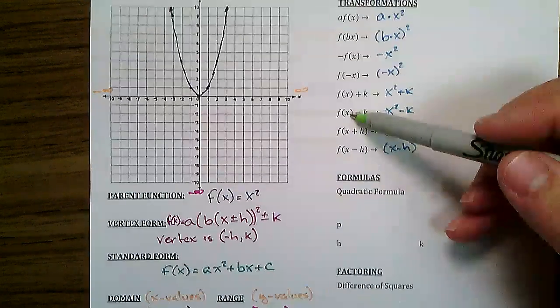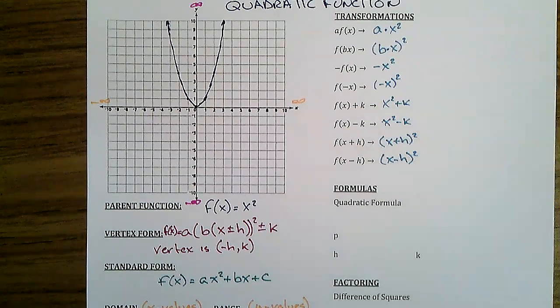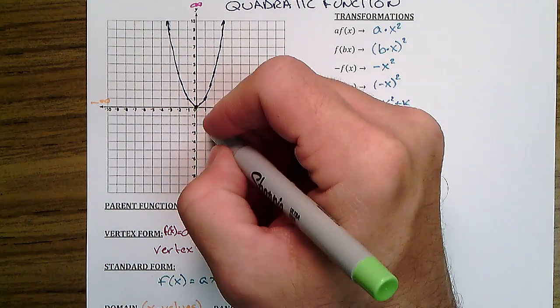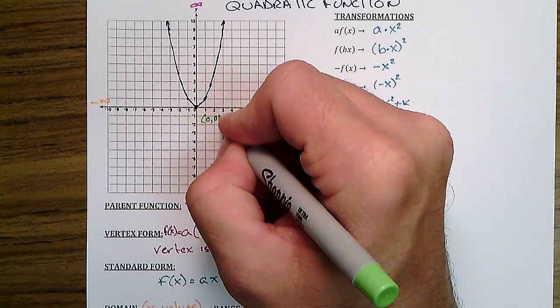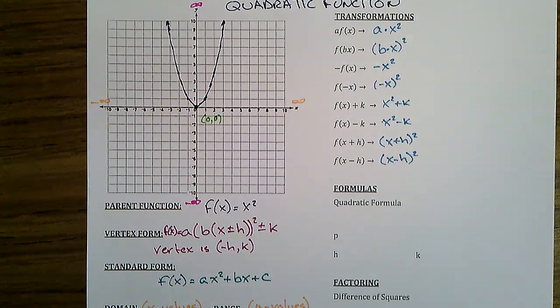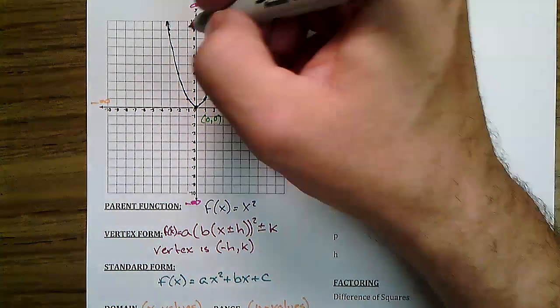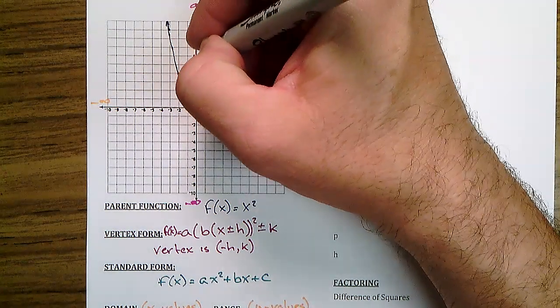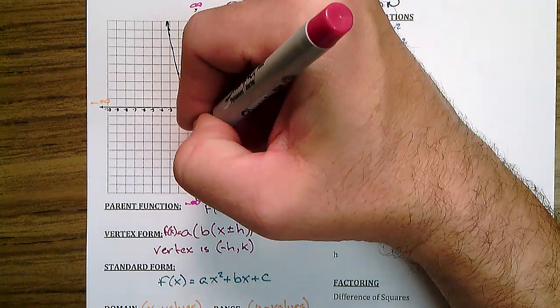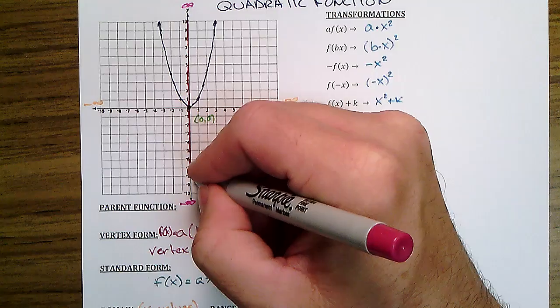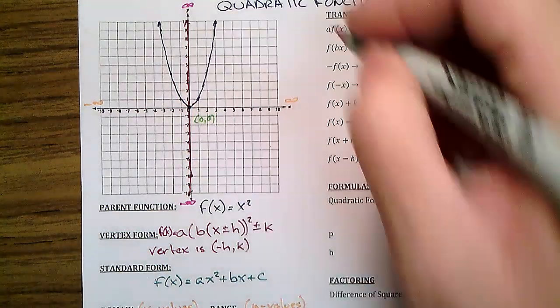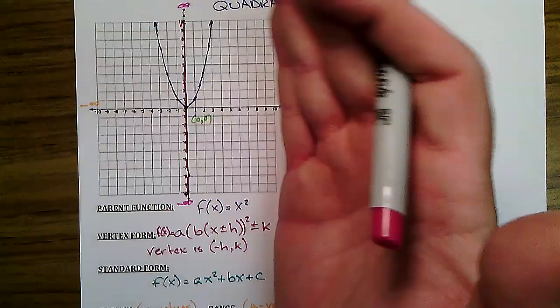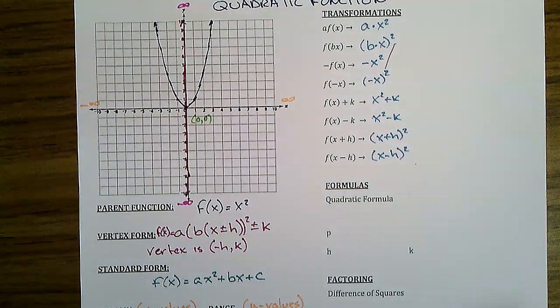Our axis of symmetry, which I'm actually going to draw on here. So actually I'm going to draw my vertex on here. So our vertex is here at 0, 0. Our axis of symmetry for a quadratic function is this vertical line that goes through the vertex that allows us to reflect our function across it on top of the other side.